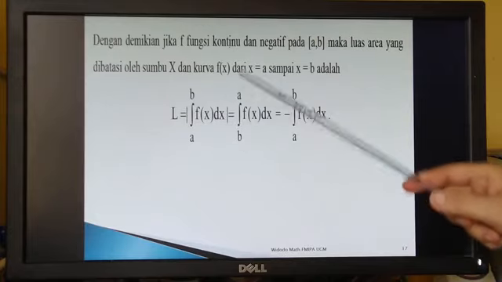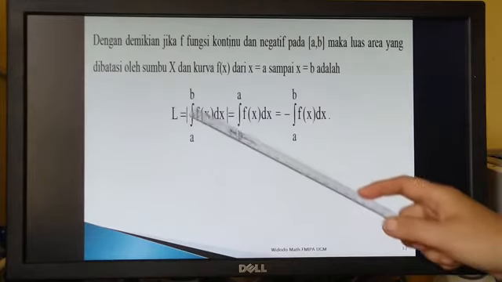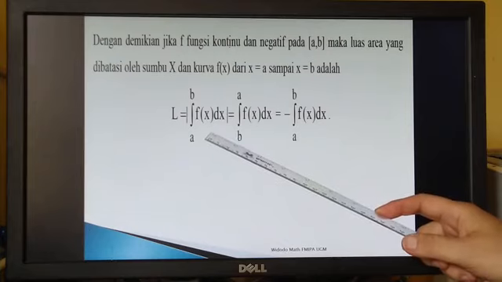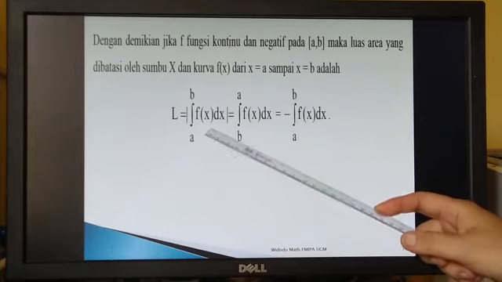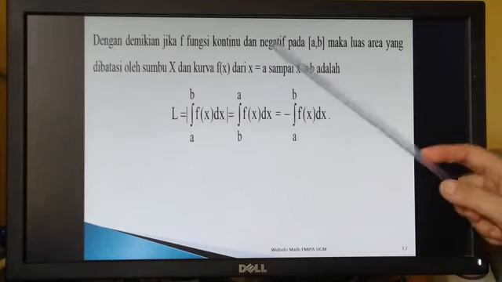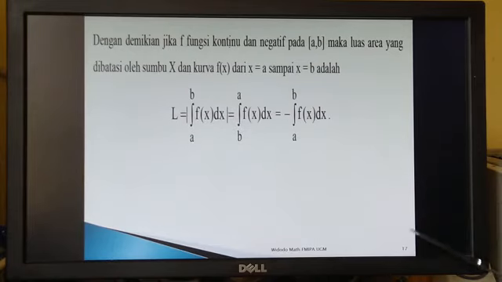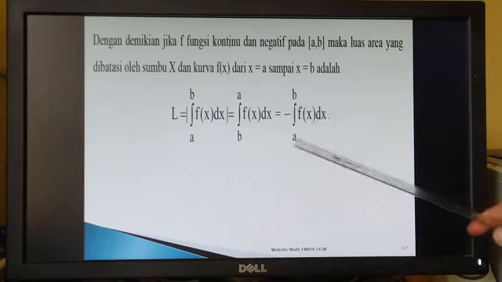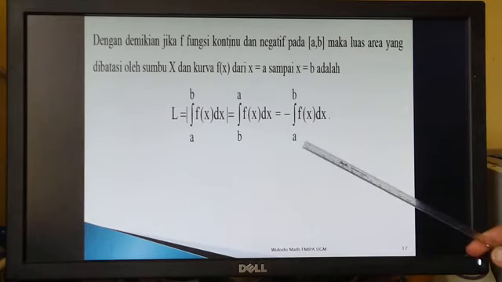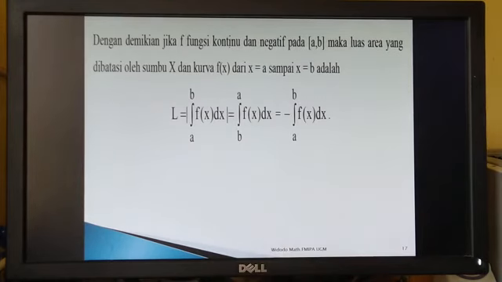We take the absolute value because the integral has a negative value when f is negative. So this is the negative of the value of the integral. That is the consequence for the area when the function f is negative.